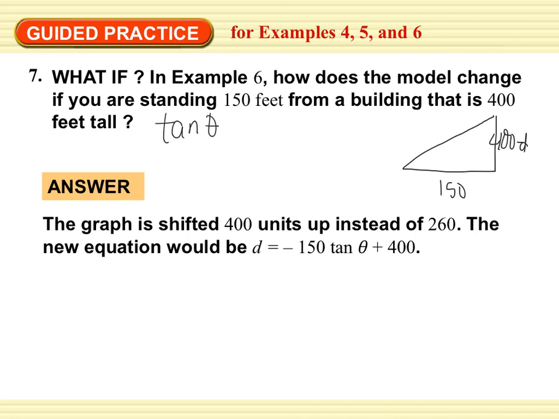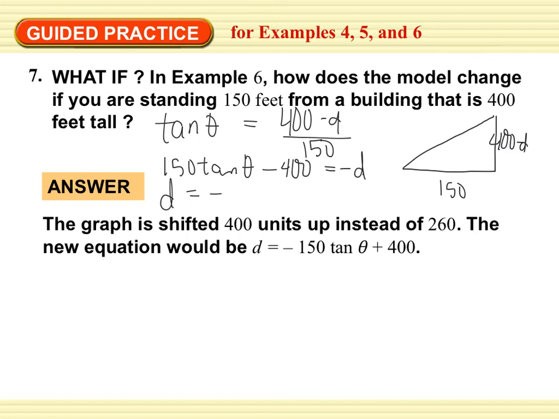So tangent theta is opposite over adjacent. So 150 tan theta minus 400 equals negative d. D is negative 150 tan theta plus 400.